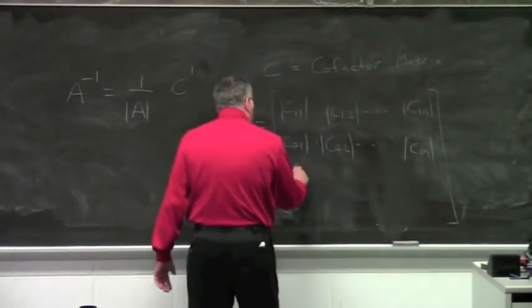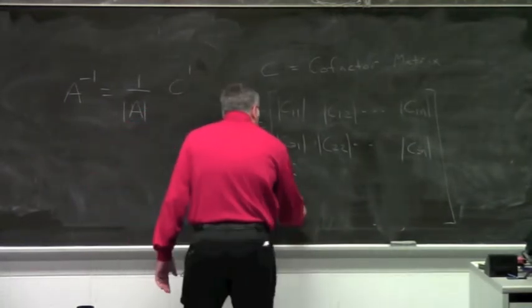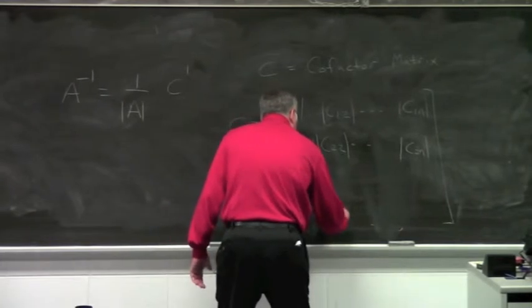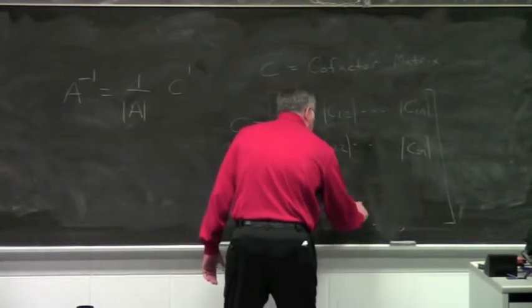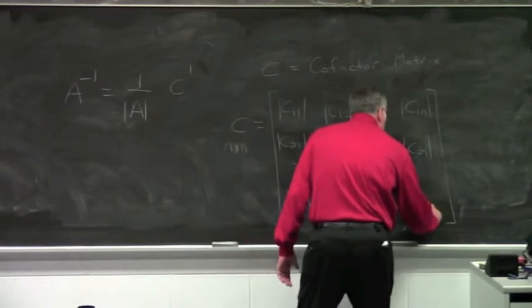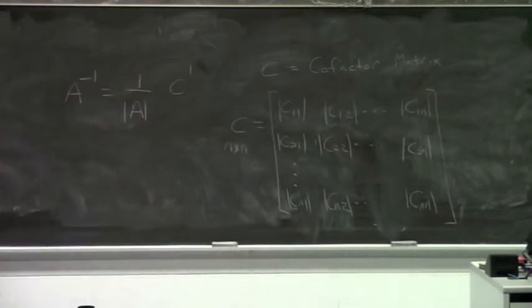And then it goes on, and the very last row is this. Cn1, Cn2, dot, dot, dot, Cnn. Okay. So it's an n by n matrix that corresponds to the original A matrix.